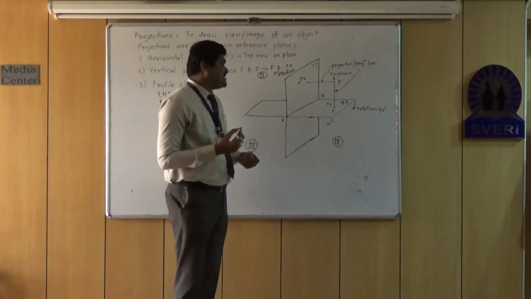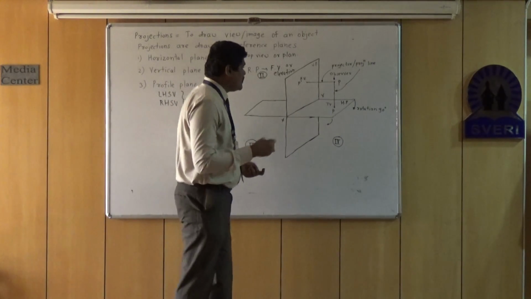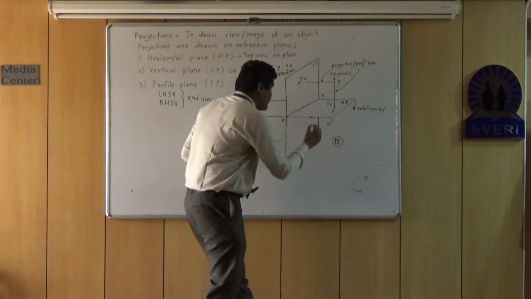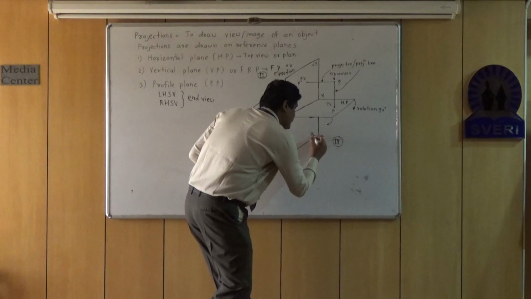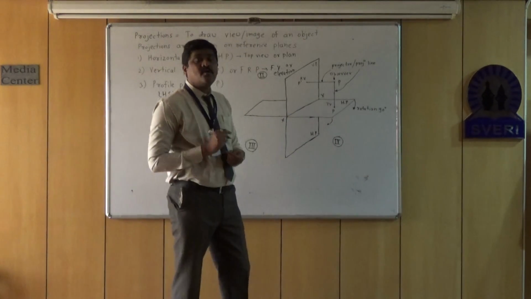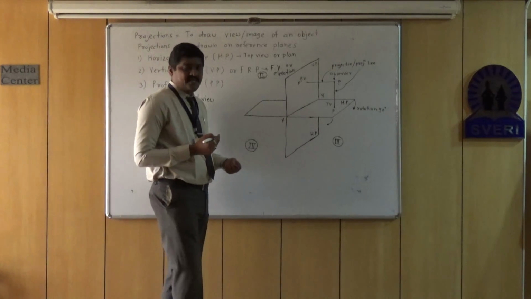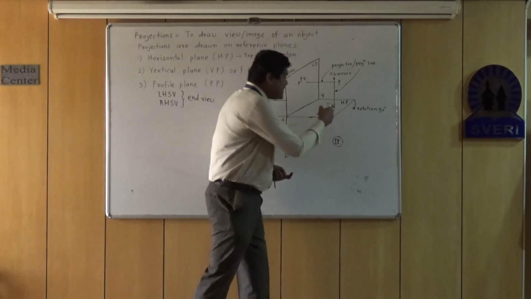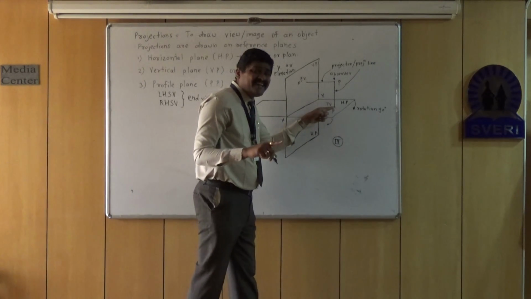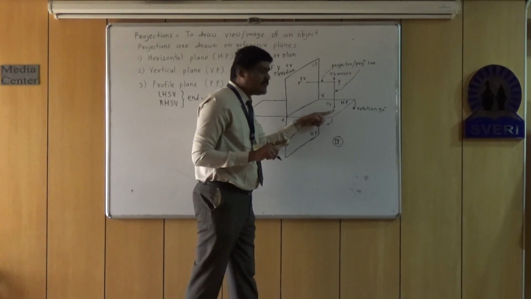So we can imagine after rotation this HP will come somewhere here after rotation of 90 degrees, and obviously point P, which is nothing but the top view obtained in HP, this is small p.